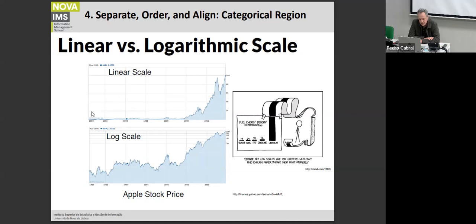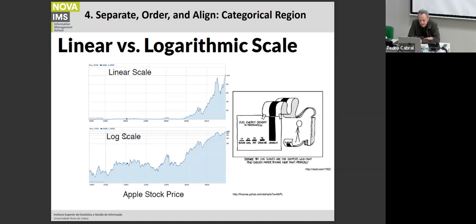On the top, we have the representation of Apple stock prices in the 90s. In the beginning, the value was not so big. I wish I had bought a lot of them here. But suddenly, when the stock prices start to increase a lot, we can see the changes in the linear scale.